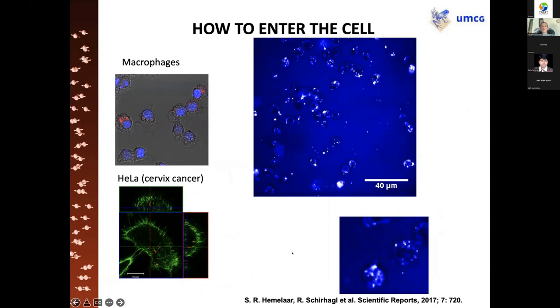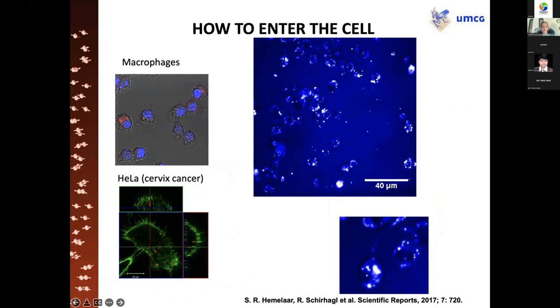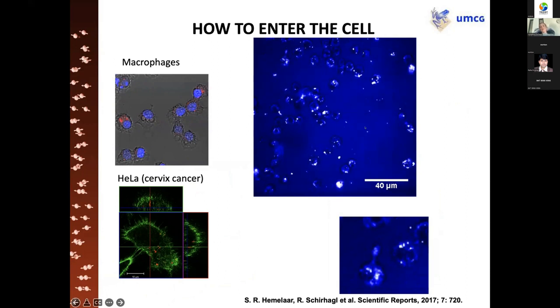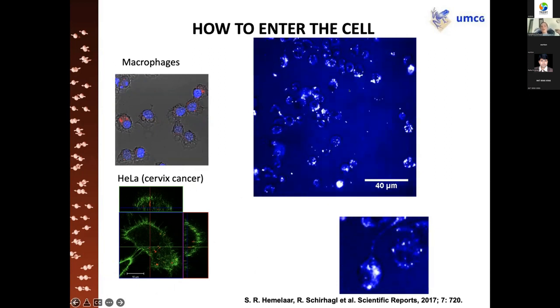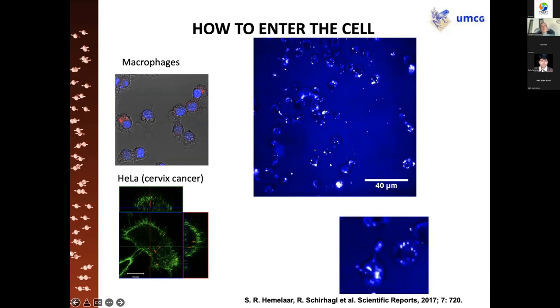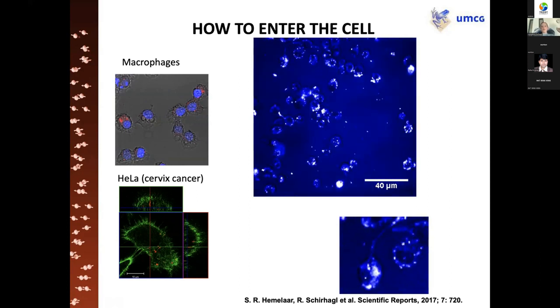They just pick up particles. In the picture on the left the particles are in red, and on the right in the movie, it's the white stuff that are the particles. And you can see that these cells, their purpose in biology is to get rid of particles, so they are very good at taking up particles.